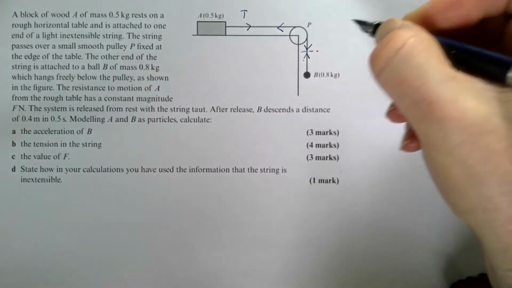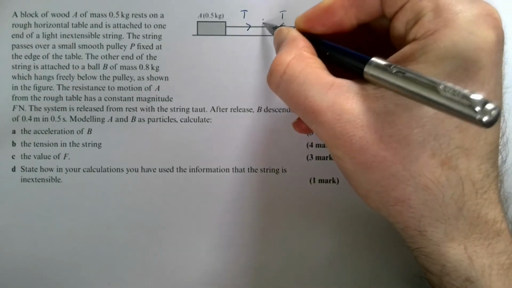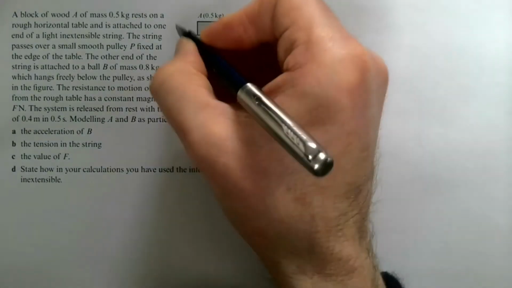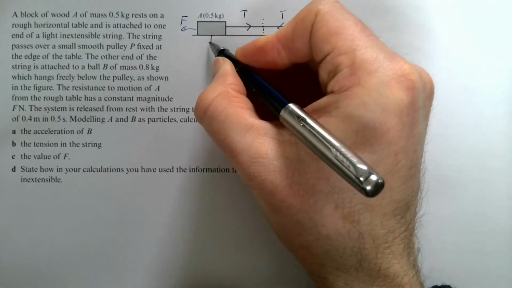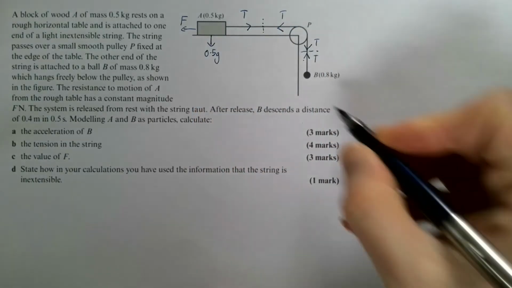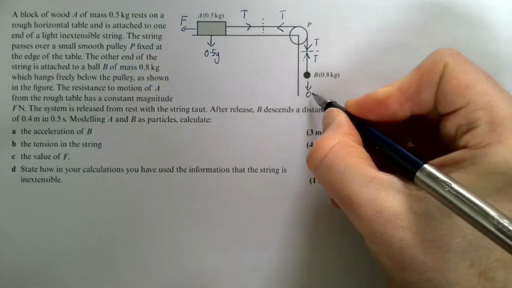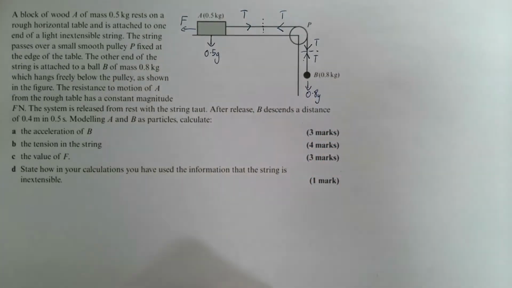So it's going to be T at all of those points there. We've got friction pulling back. We have a force of 0.5 G going down there. We have a force of 0.8 G going down there.